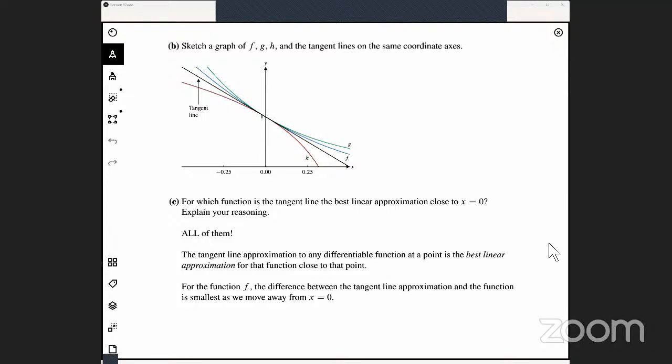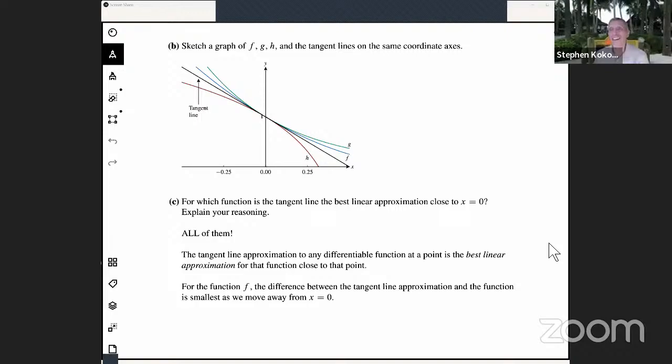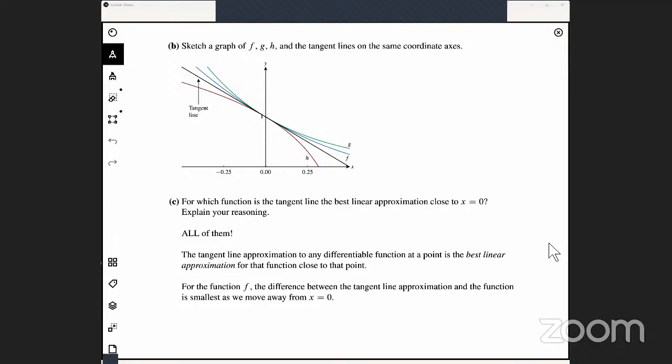There's an interesting question happening here. Somebody asked whether you might say that those curves are tangent to each other at that point.